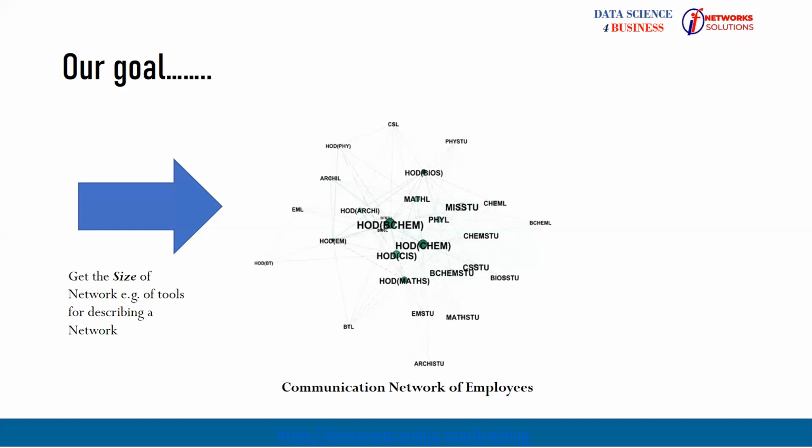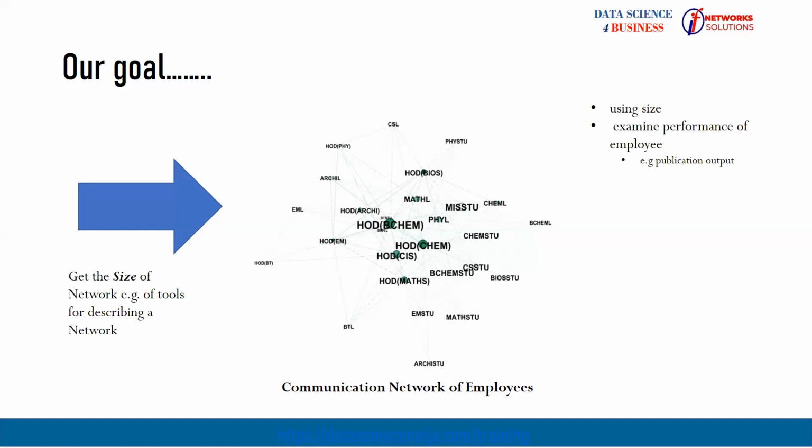Then when we get this size, we want to use it to examine the performance of employees. Now, there are a lot of measures to check performance, but for this example, we want to use publication output.